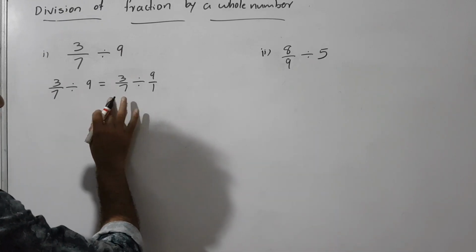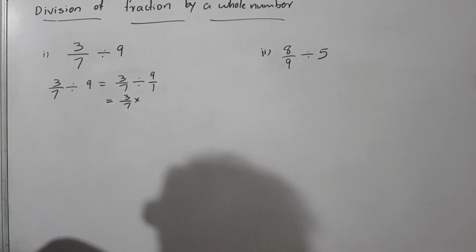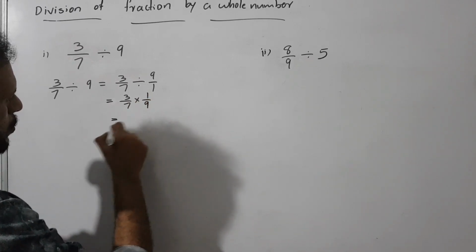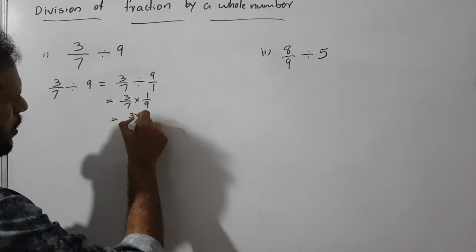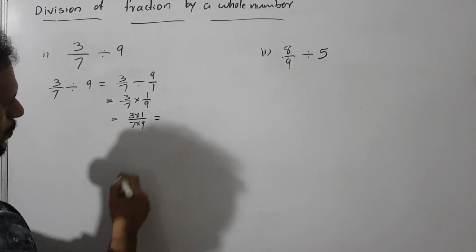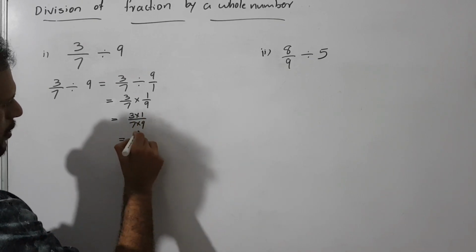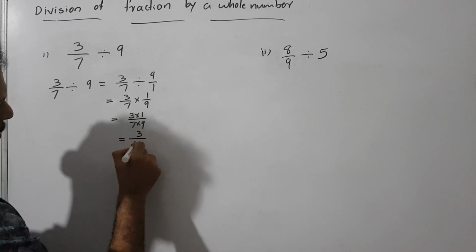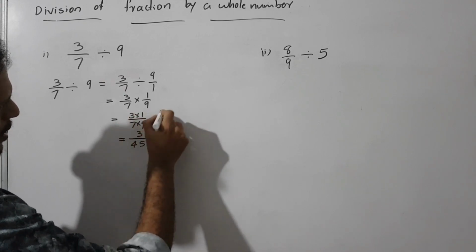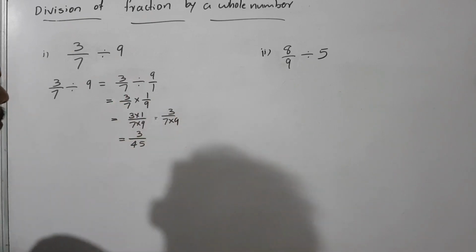It is equal to 3 by 7 into 1 by 9, which is 3 into 1 by 7 into 9. 3 into 1 is 3, and 7 into 9 is 63.